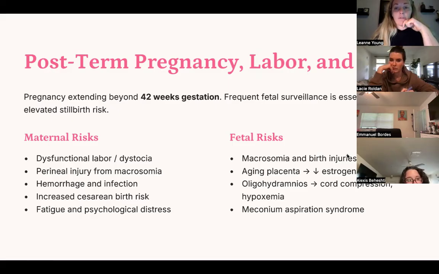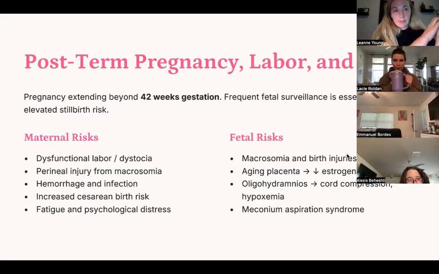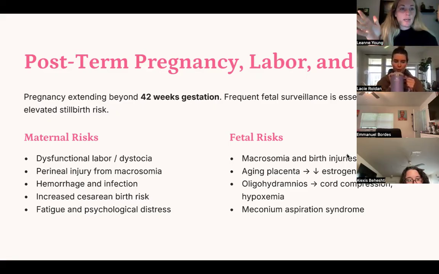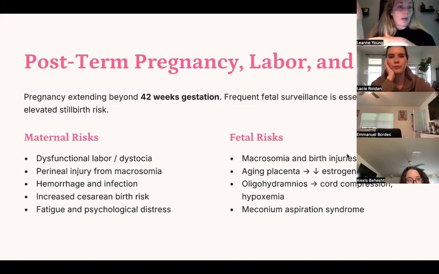Low amniotic fluid. That is something we see a lot in post-dates pregnancy, mostly because the maternal system is starting to phase out of supporting this pregnancy, because it has that gestational window. It gets to 40 weeks, right? 41 weeks is fine.